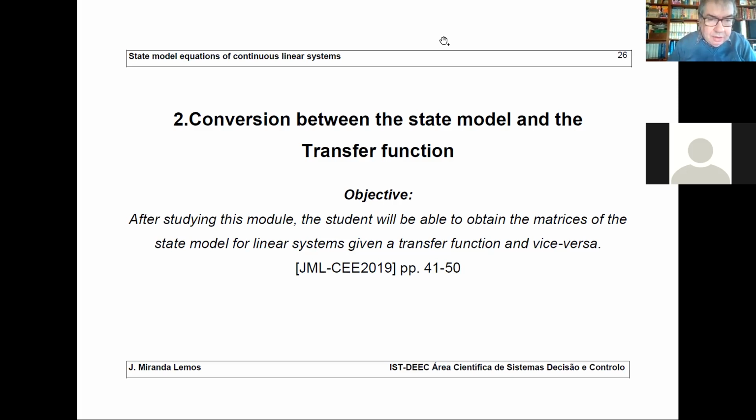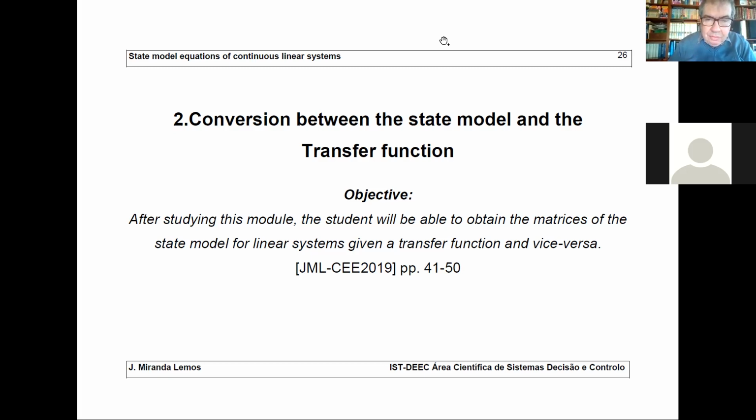Given a transfer function, I should be able to find a state model that is equivalent to it, in the sense that it conveys the same input-output model. And given a state model, I should be able to find the corresponding transfer function.